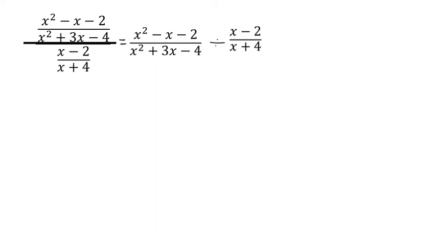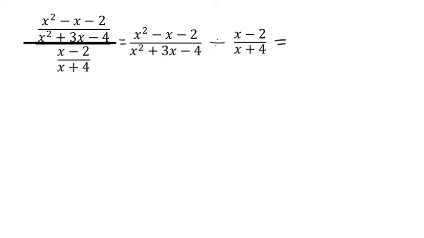Now, before I continue, what I would like to do is I have a trinomial in both the numerator and denominator of the first part of that division, in the dividend right here. I don't want that. I would like that to be factored. But before I even do that, just understand it is coming, but before I do that, I want to change this into multiplication.